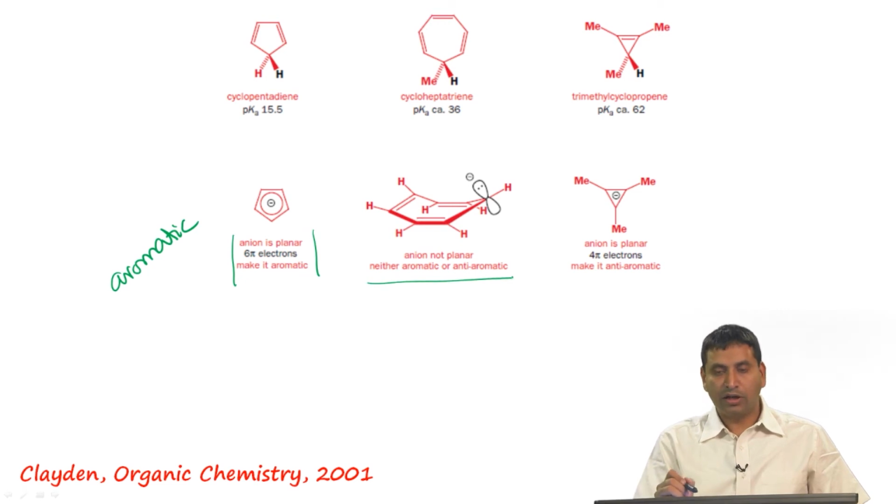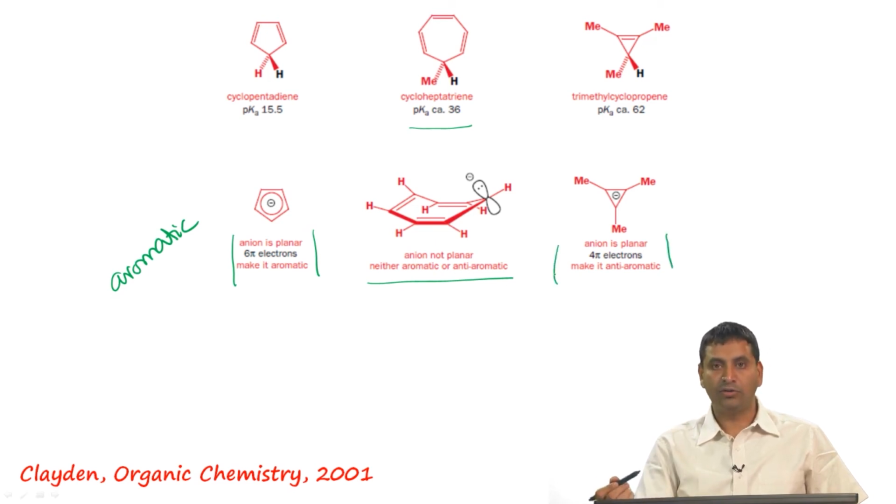Here, the compound is neither aromatic nor anti-aromatic, and the negative charge is not really planar, because it is assuming a puckered structure, and so there is no stabilization or destabilization, and so the difference in pKa is not very large. In the last case, if you generate an anion, you generate a 4 pi electron system, which is anti-aromatic in nature, and therefore, it becomes very difficult to make this molecule, and the pKa value is substantially higher than the parent one.